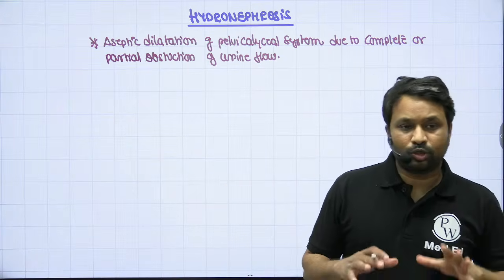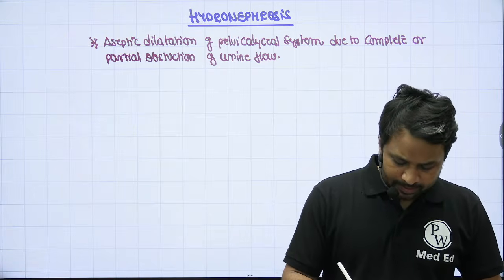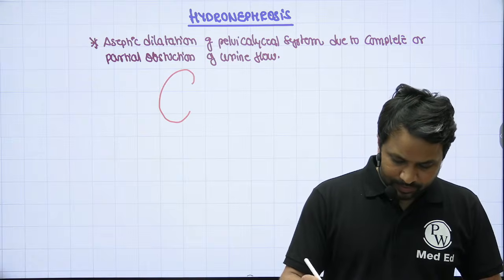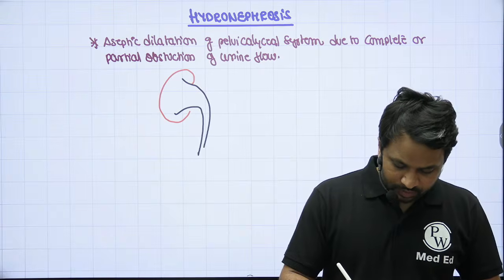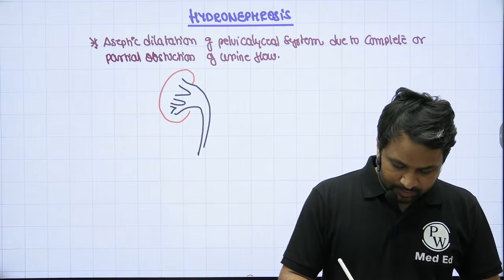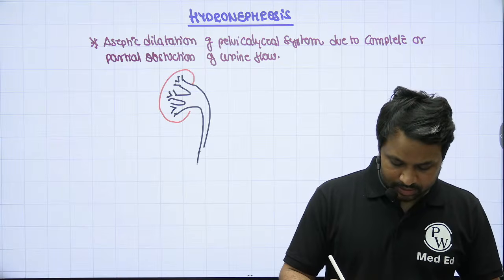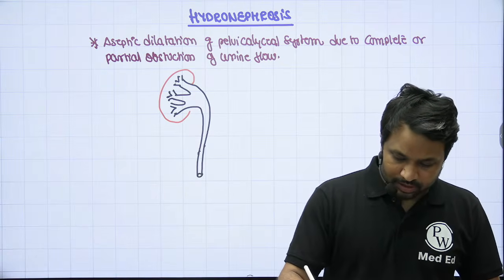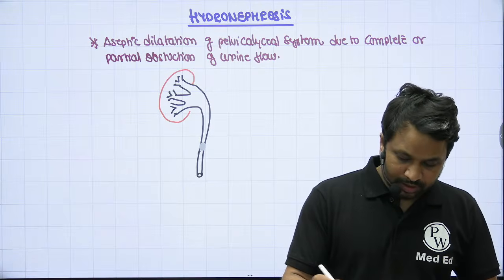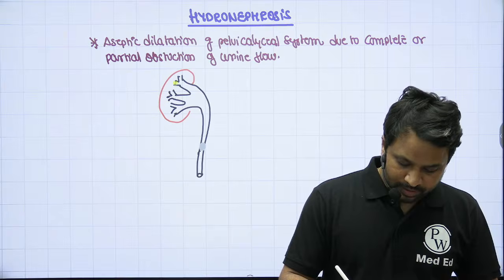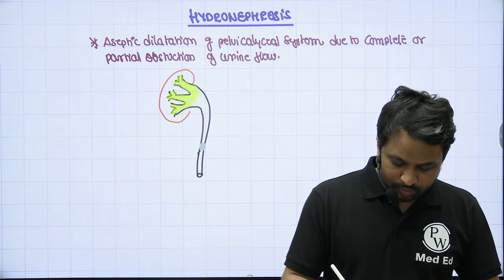Now, when you talk about hydronephrosis in general, if you want to know what exactly is happening, you can say this is the kidney which is present here. This is the normal pelvicalyceal system that you will have, right? These are the major and minor calyxes which are going to be collecting the urine, and this is the ureter. Now imagine there's a stone, and that stone is present here. As the stone is present here, it won't allow the urine inside the kidney to go out. Now if the urine continues to pool, what is going to happen?